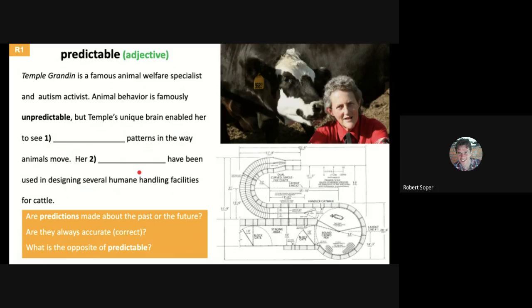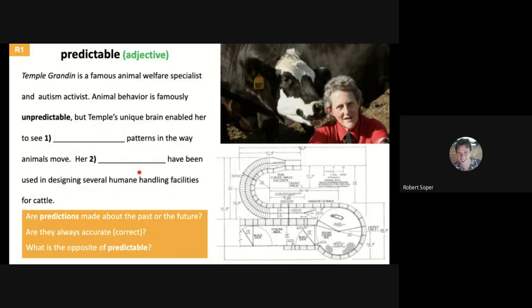Think about that. Yeah, predictions are usually about something that's going to be in the future. In fact, they're always about something that's going to be in the future. We try and predict the future. The past has already happened, so we can't really predict something that's already happened.